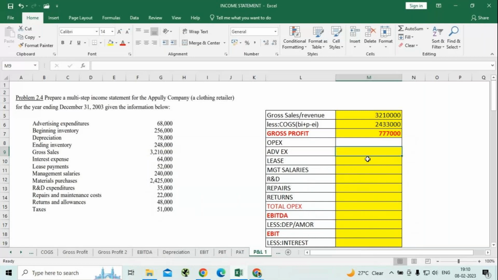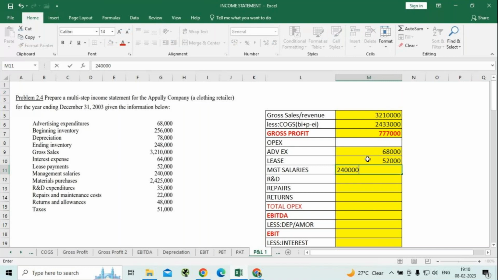Lease payments is 52,000. Management salaries is 2,40,000.